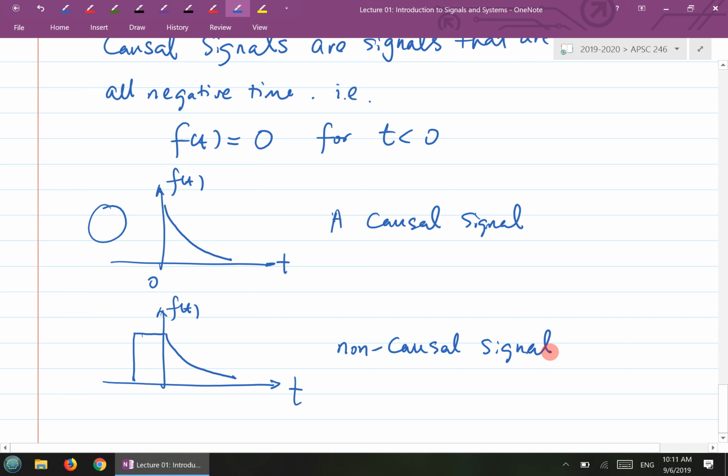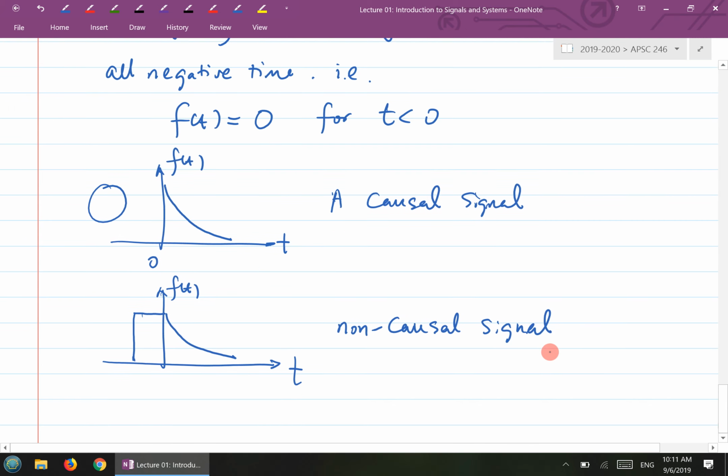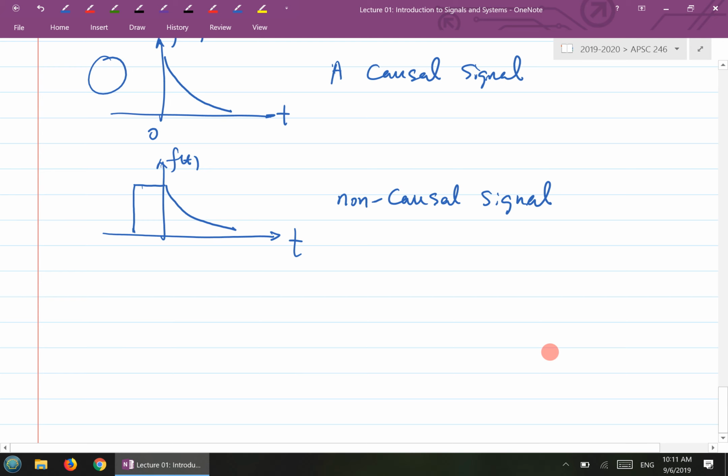So that's the definition of signal causality. It's very straightforward. You just have to look at the t less than 0 part. Is there anything there? If there is nothing there, it's causal. If there's something there, even if it's just one value, then you can call it non-causal. So that is signal causality.